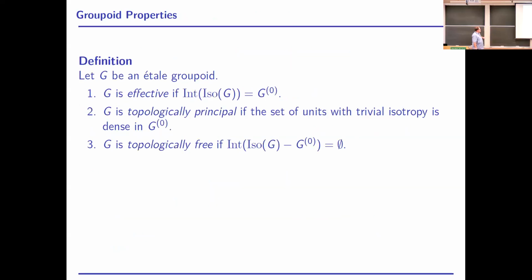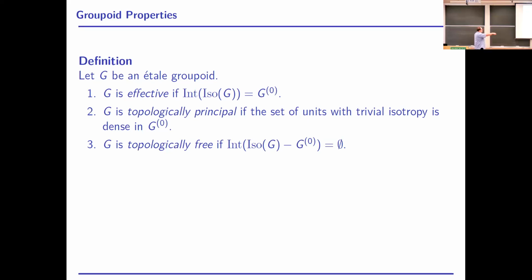Now, the next element I want to talk about is three conditions on étale groupoids. We've heard two of them already today. We say G is effective if the interior of the isotropy of G, so all elements with the same range and source, is just the unit space. We say G is topologically principal if the set of units with trivial isotropy is dense in G0.